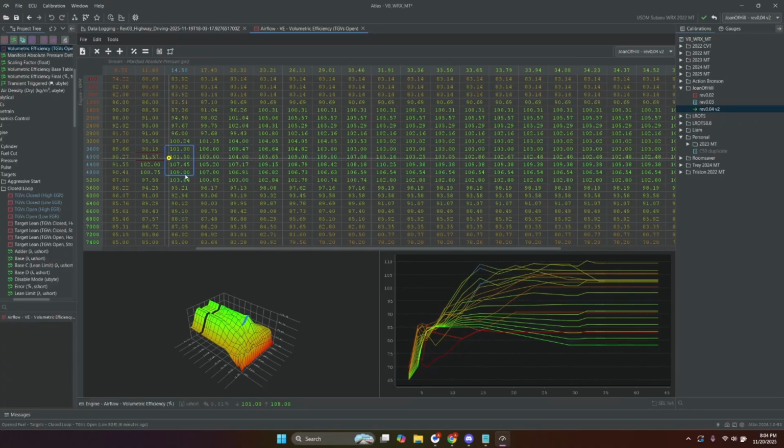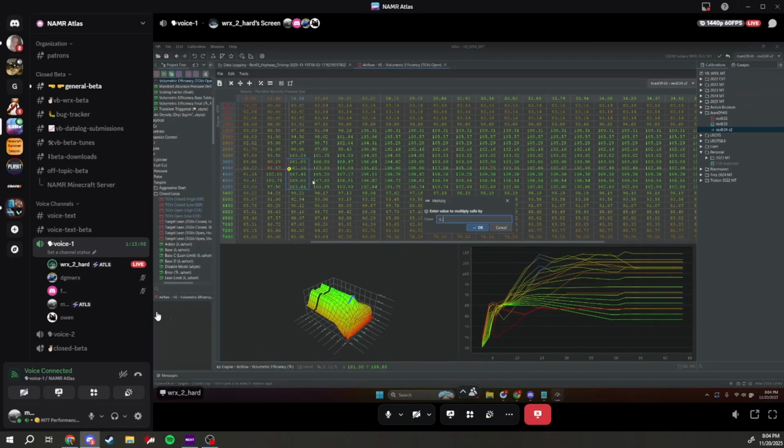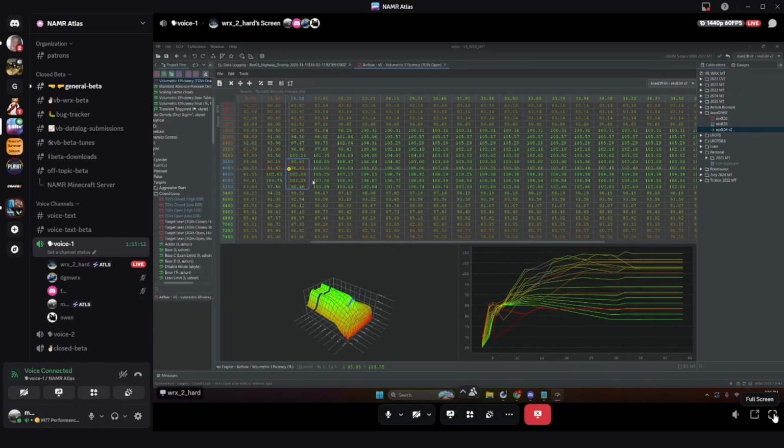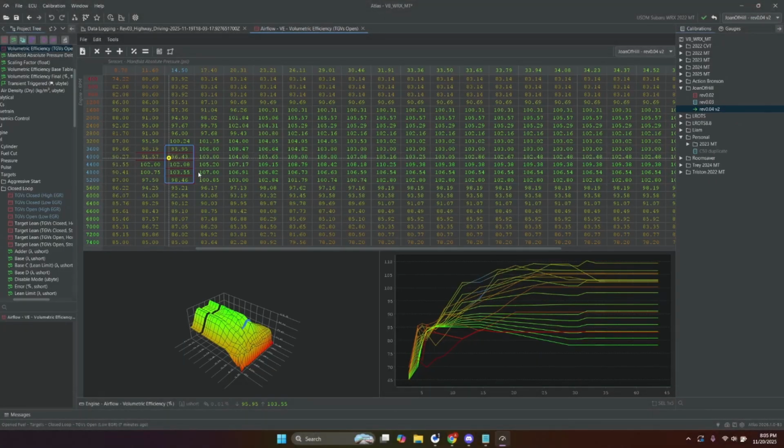I just happen to know from experience that it needs to be adjusted. Since we have 5% negative trims, aka it's reading 5% too fat or too rich, which means it thinks we have 5% too much here, that means we're going to reduce this by 5%. So I'm going to do 0.95. Easy peasy.